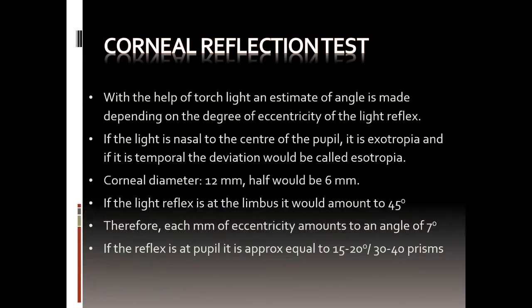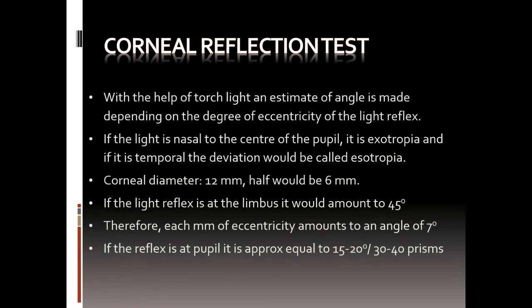Now, before we start examination, there is a very gross kind of test which is known as corneal reflection test. Now, with the help of torchlight, we try to estimate whether it is ESO or exo. Now, depending on whether the light is nasal to the center of the pupil, then it is exotropia, or if it is temporal to the center of the pupil, it is esotropia.